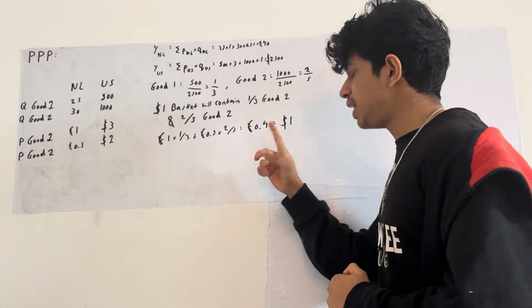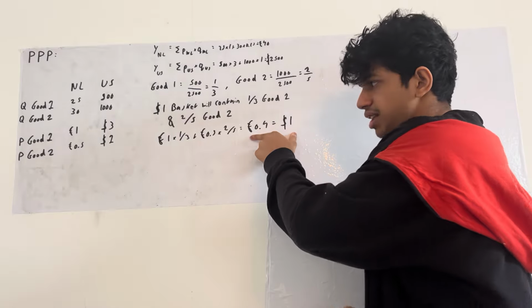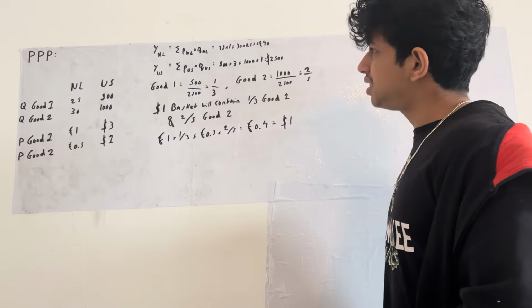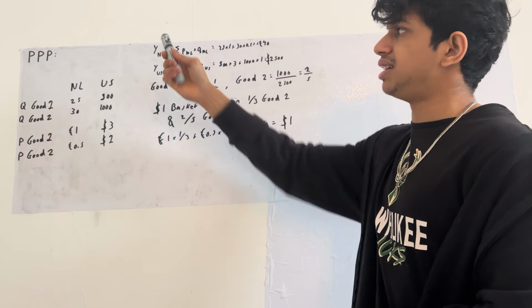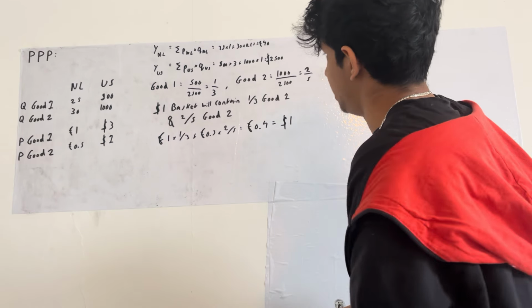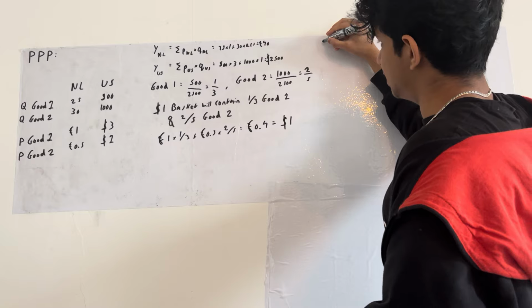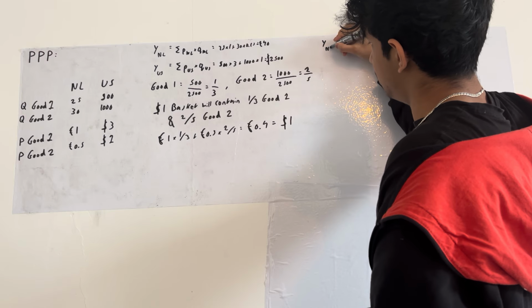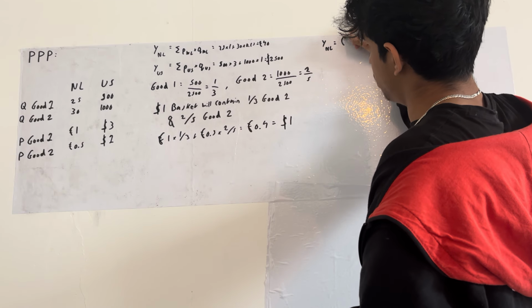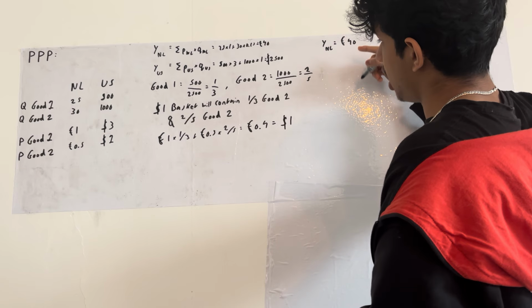So now that we have the hypothetical exchange rate, let's calculate the GDP of the Netherlands in dollars. We know that in the Netherlands, YNL is equal to 40 euros. Now, how much would that be?